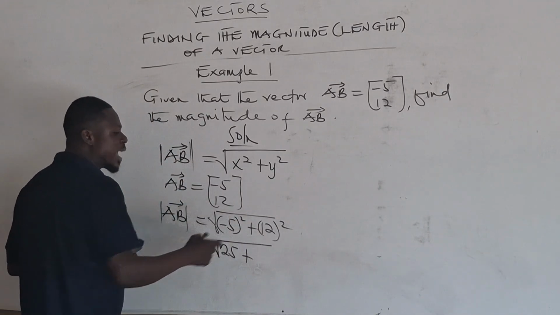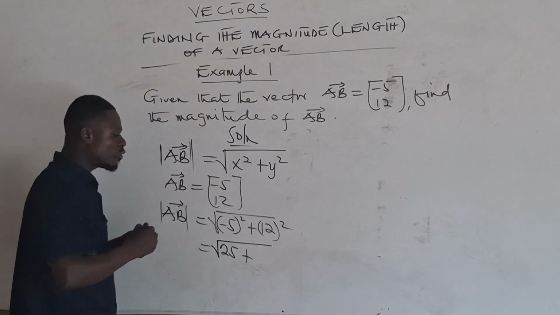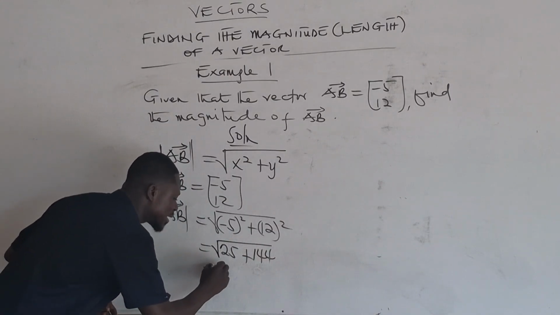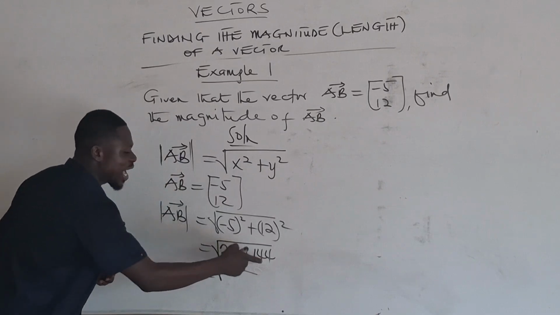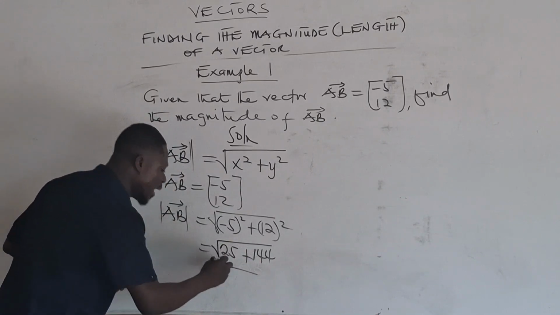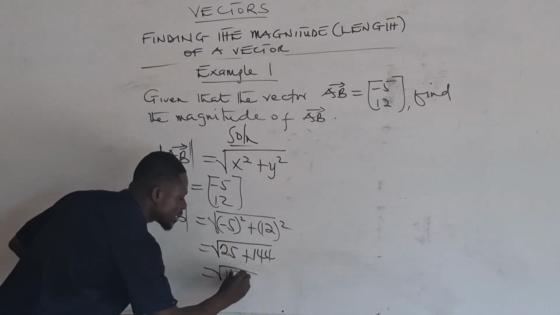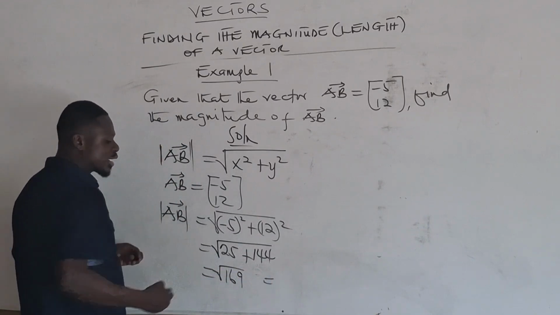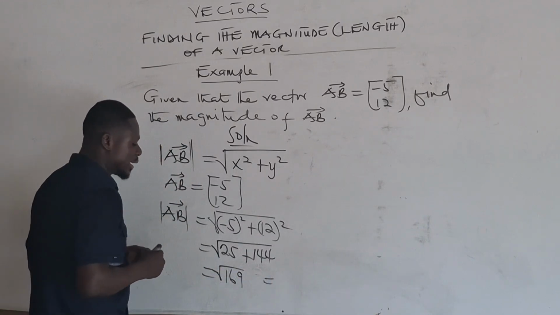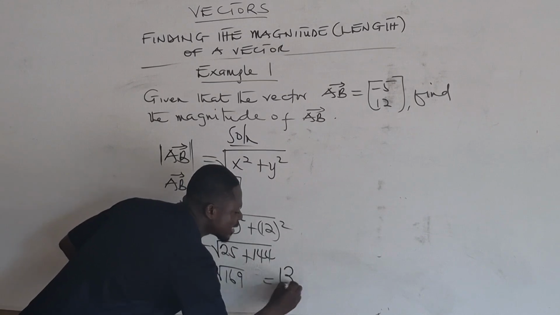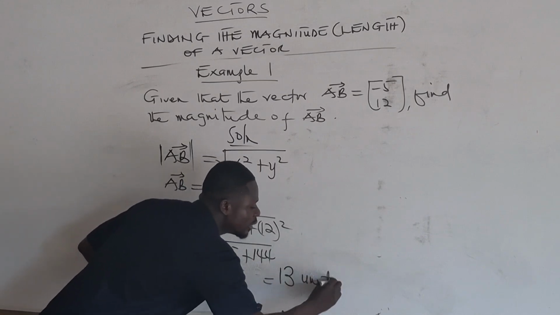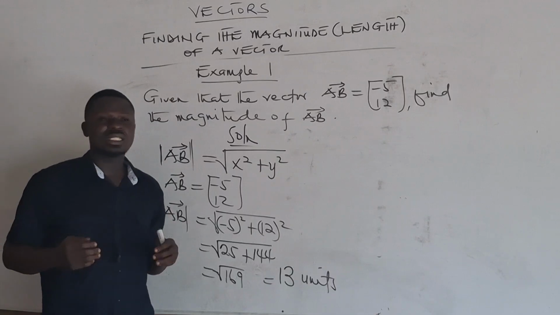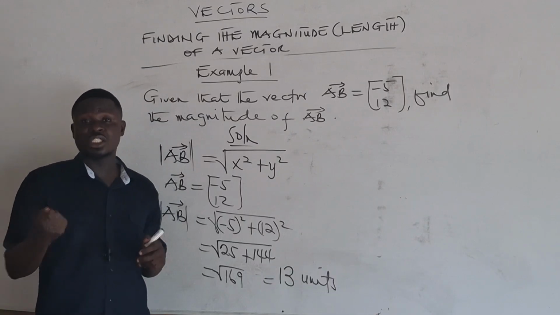And then when you square 12, you will get 144. So 25 plus 144 will be 169. It means that you find the square root of 169 and that will give you 13 units. The units should always be included because every distance has to be measured in a certain unit.